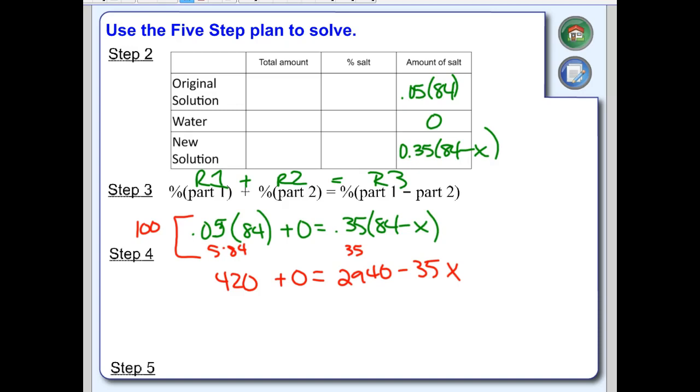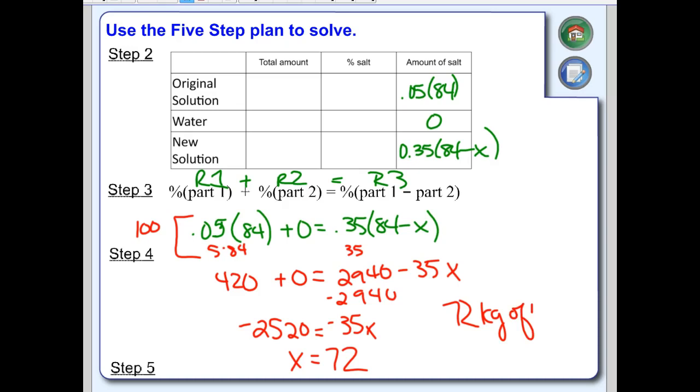I'm going to subtract 2,940. Okay, so I'm going to end up with negative 2520 equals negative 35x. And if I divide both sides by 35, we get x equals 72. So our answer is 72 kilograms of water evaporates.